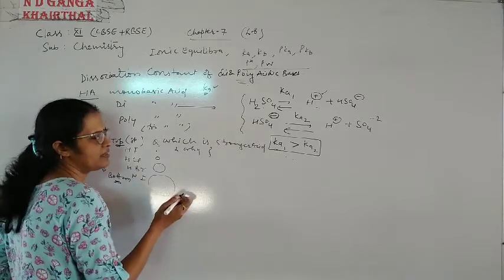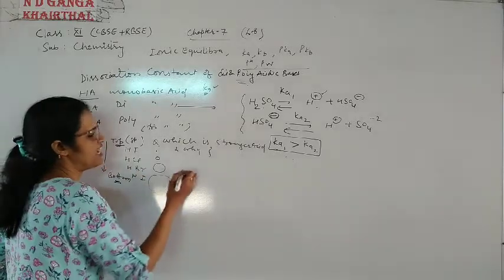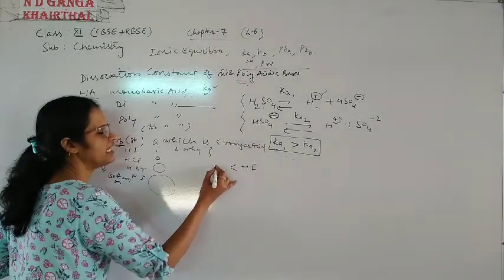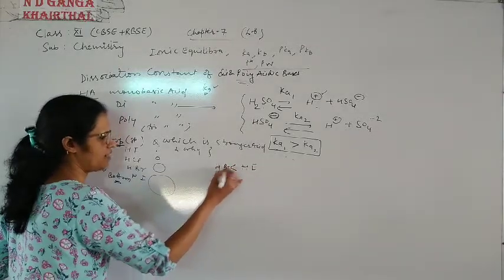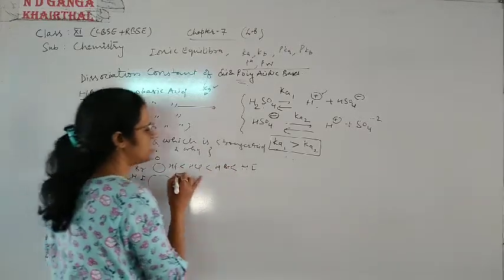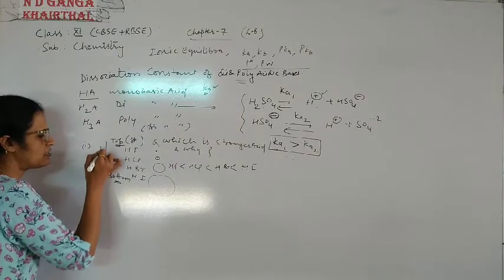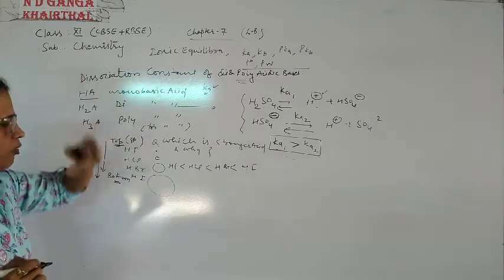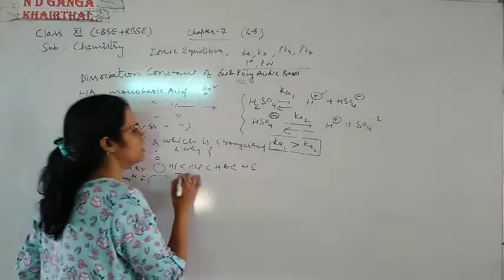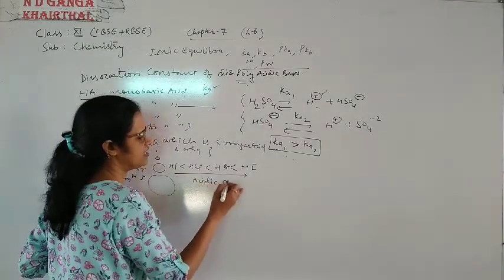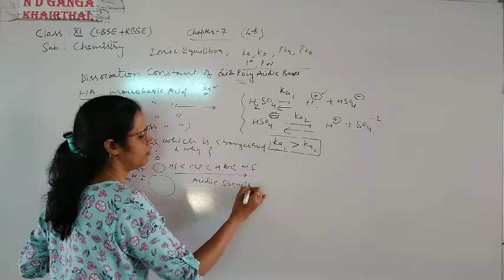As a result, HI will give H-ion more easily in comparison to HBr, then HCl and then HF. So acidic strength will increase from top to bottom.